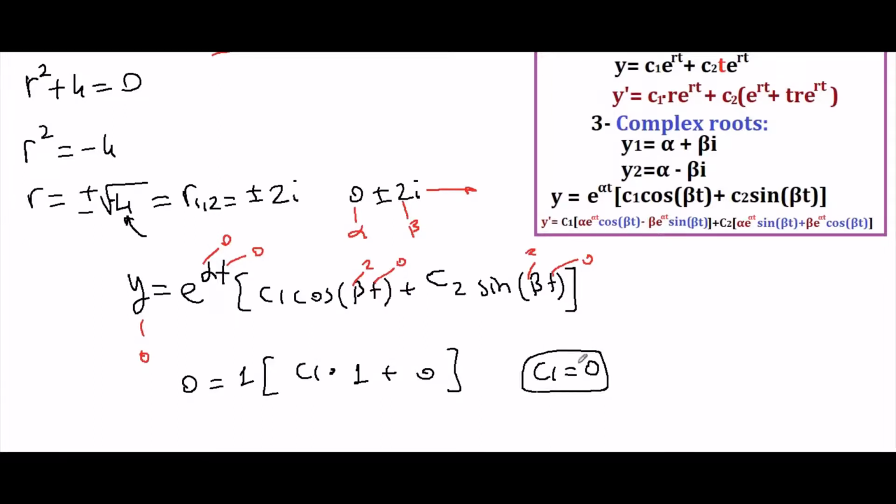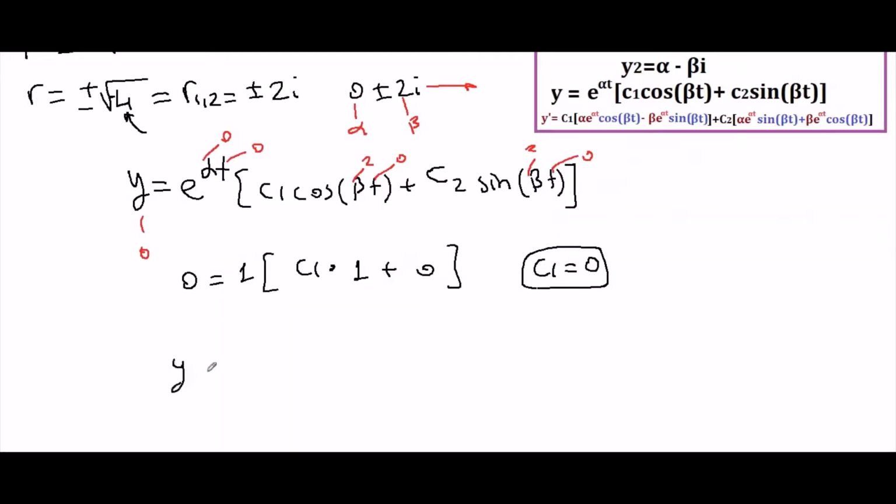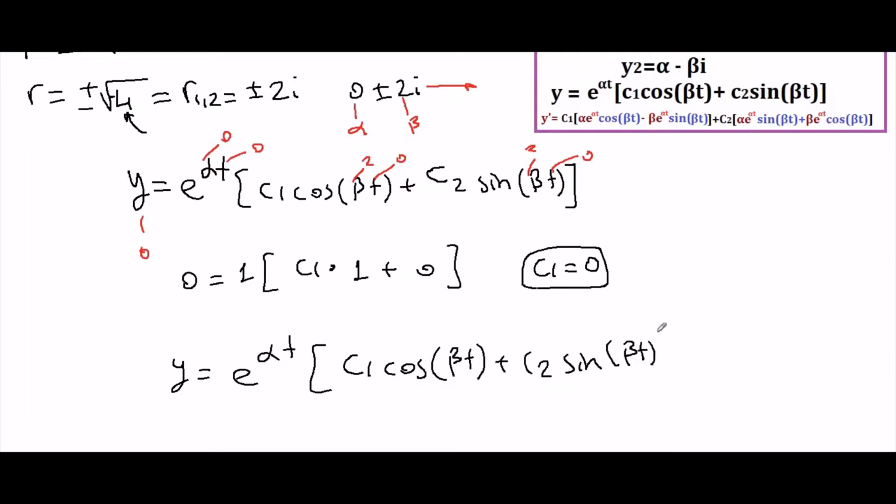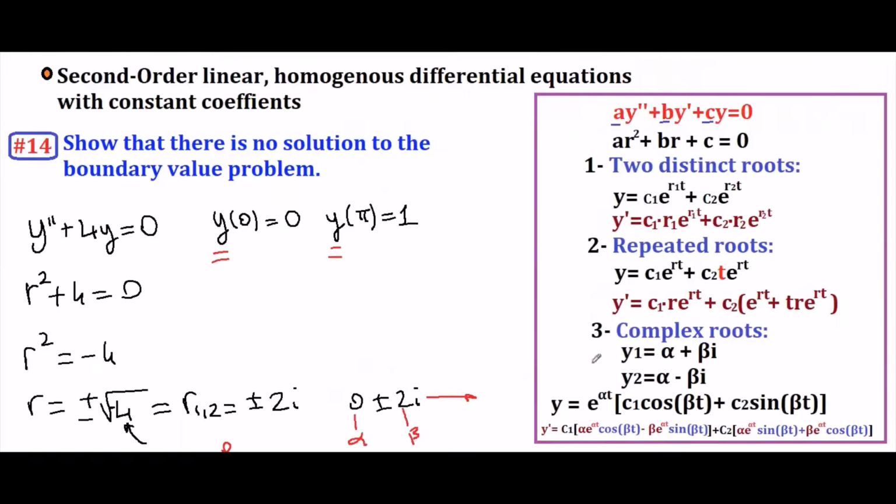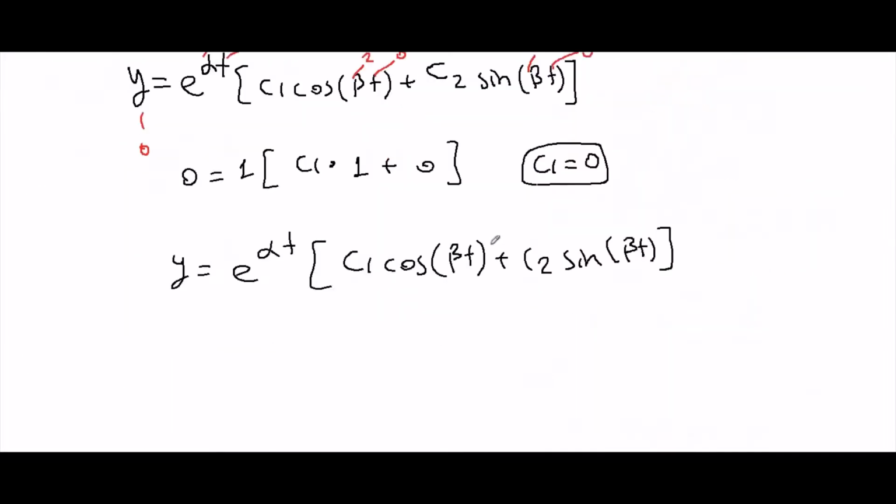Now we're going to use the same equation, y equals e to the alpha t times c1 cosine of beta t plus c2 sine of beta t. But this time we plug in the second initial condition, y of pi equals 1. So in this case, our y value is 1 and our t value is pi.